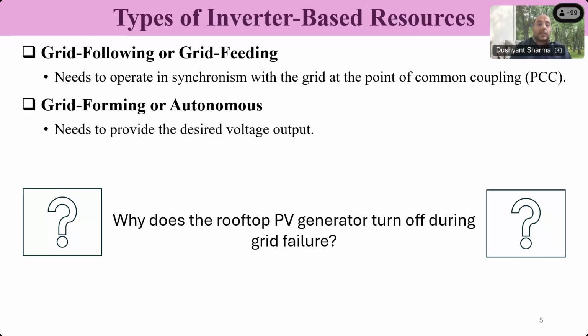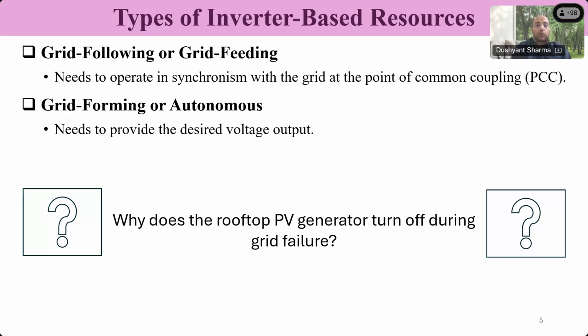Let's say the grid is out. That means there is a grid failure. We are not getting any voltage from our distribution company. In a common layman's sense, if we have a rooftop generator at our home or building, there is a rooftop PV and we have an inverter.